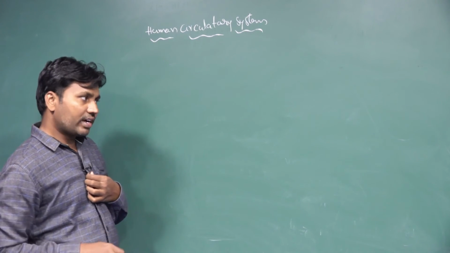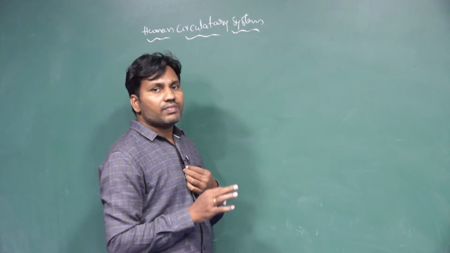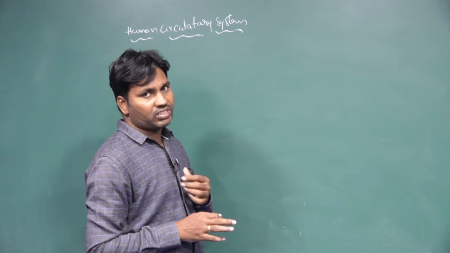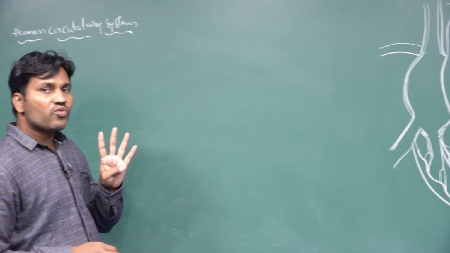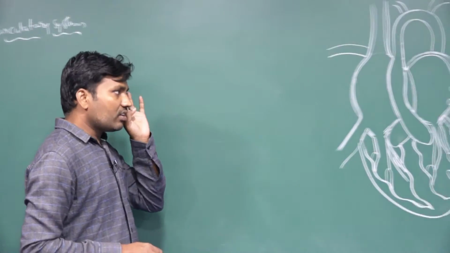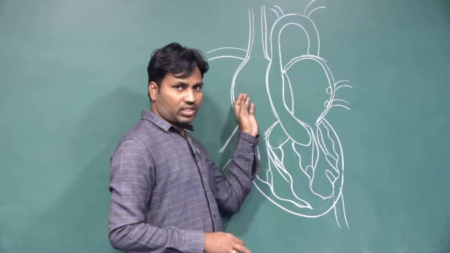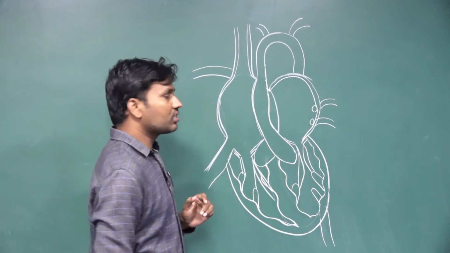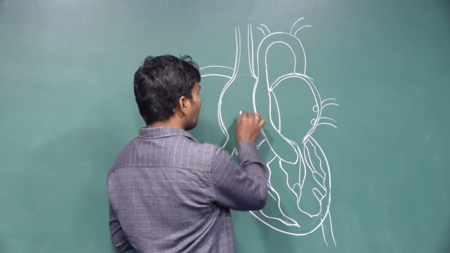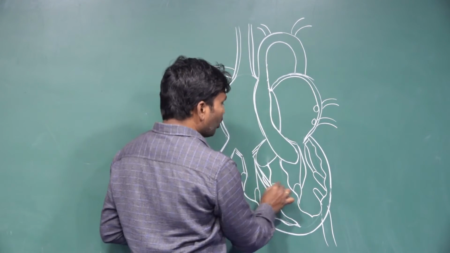Compared to all other animals, the structure of the human heart is well developed. It is formed by four chambers. This is the internal structure of the human heart. The four chambers are present: upper two chambers and lower two chambers.